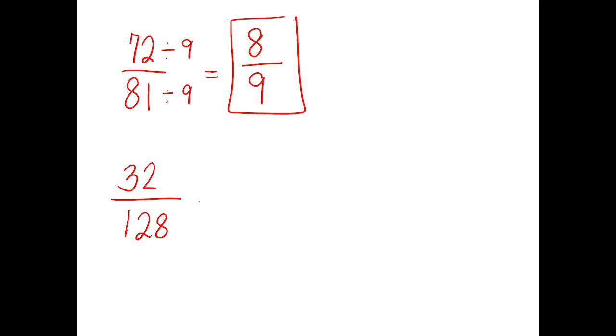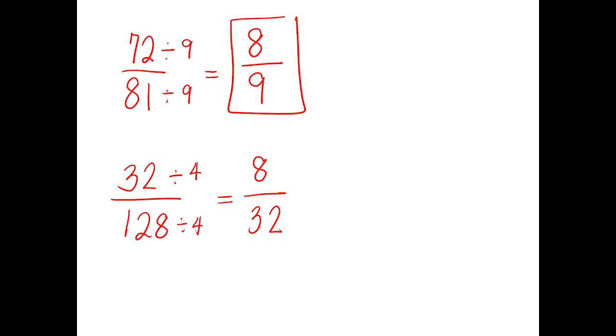Let's start with 4. Sige. Walay problema. Let's use 4. What is 32 divided by 4? 8. 128 divided by 4. 32. Now, pwede pa bang masimplify ang 8 ug 32?